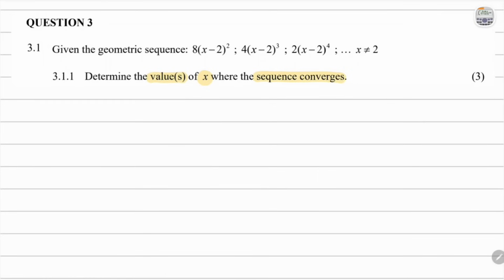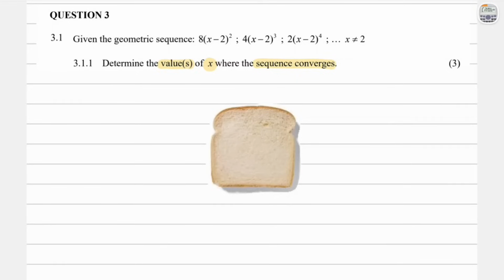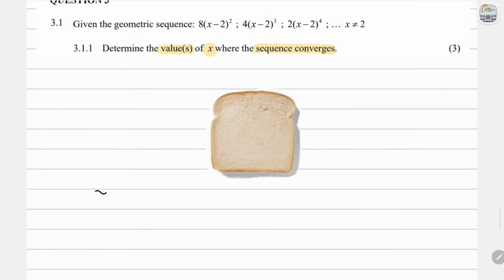Now, I don't want to waste too much time on this question, but let's look at a quick explanation of how sequences converge. I want you to think about this like a piece of bread, and we can record what happens to this piece of bread when we cut it in half every time. Right now we have a whole piece of bread, which is one whole.